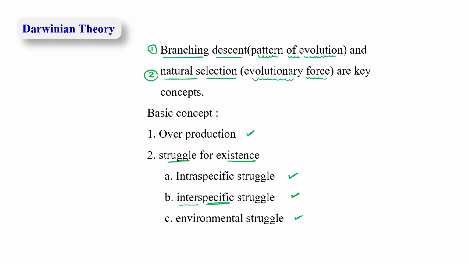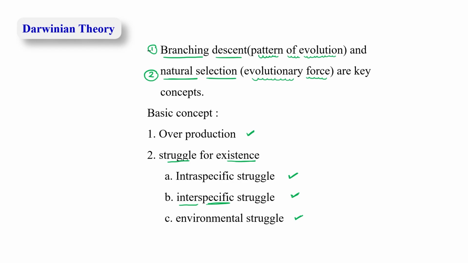Okay, so according to Darwin, there is overproduction in each type of organism, but out of all kinds of population individuals, there must be a struggle for existence. Why? Because there is limited space on the earth, there are limited sources.